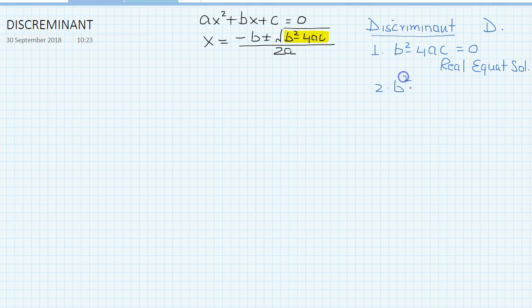And if b square minus 4ac is greater than 0, it's having real different roots. And if b square minus 4ac is less than 0, then this one is having, we can say, no solution or no roots.